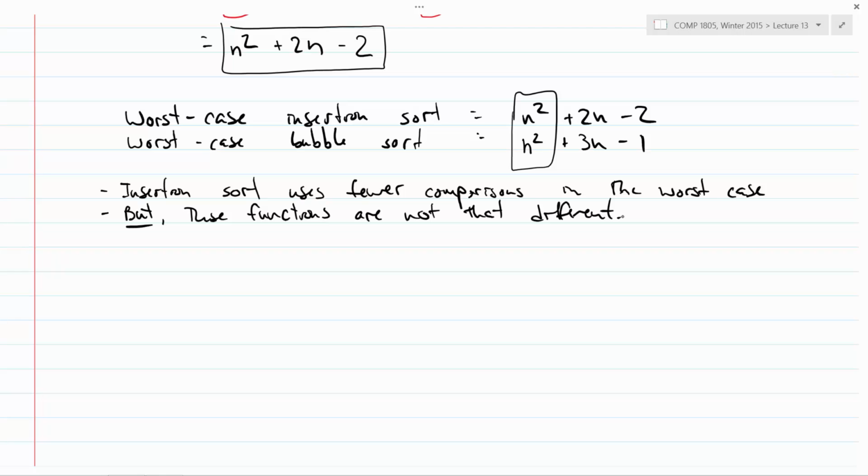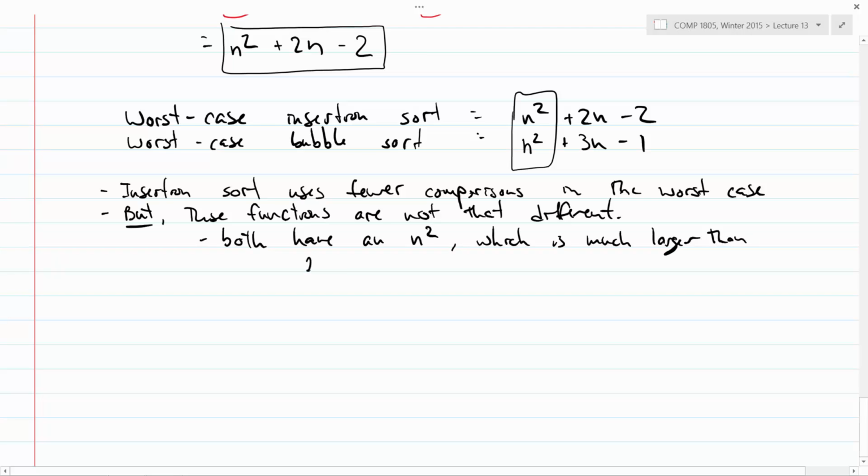In the best case, maybe it's much better. But in the worst case, they're basically the same. So both of them have an n squared, and the n squared is much bigger than anything else in those functions. So those other little things don't really make much of a difference. As n grows bigger and bigger, the n squared part is the part that matters.